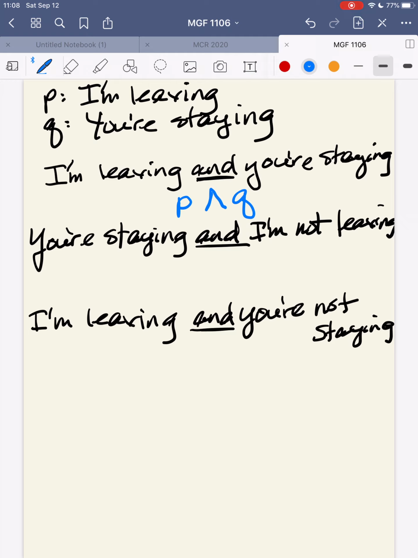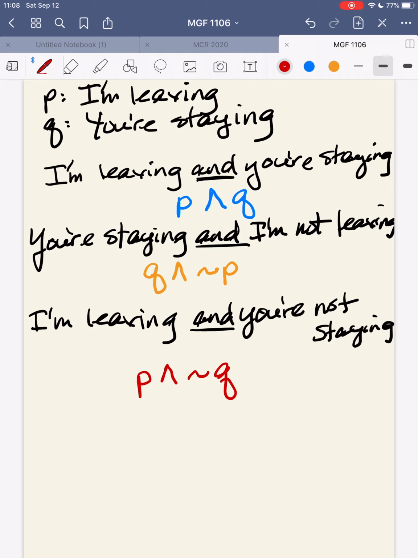Okay. The next statement is you're staying is my Q. And I'm not leaving, that's the negation, so not P. I'm leaving, the third statement, P, and you're not staying, negation of Q.